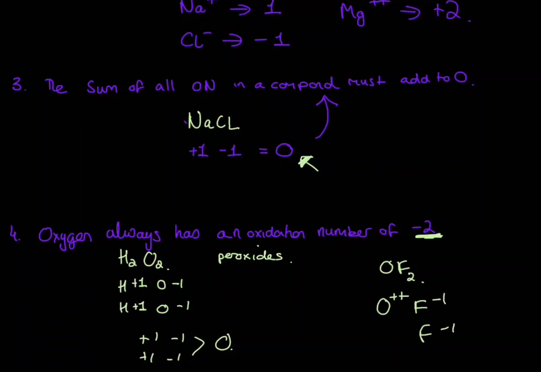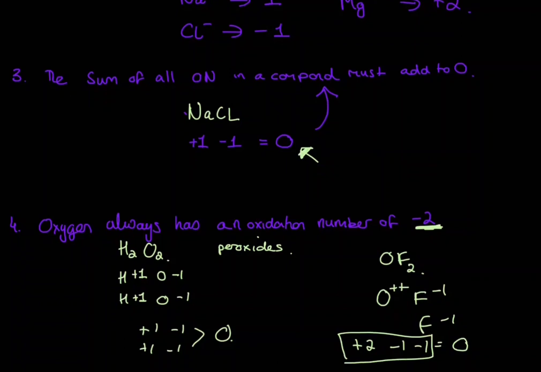Okay, so the oxidation number there is +2 for oxygen, and each fluorine is a -1, again giving an overall sum of 0 as it's a neutral compound. Okay, so just make sure to have your electronegativity tables out when you're assigning these oxidation numbers as well.